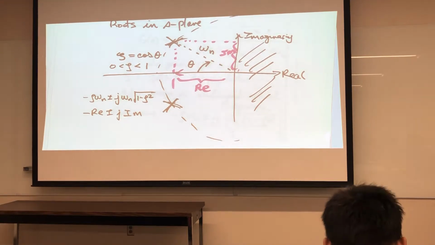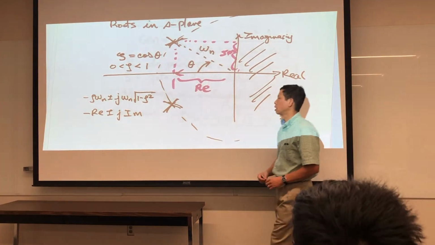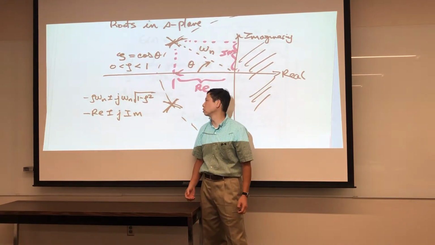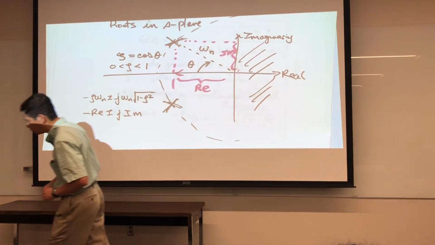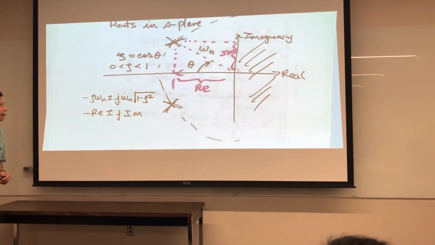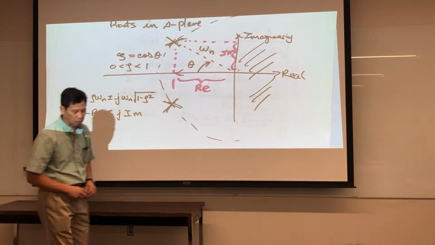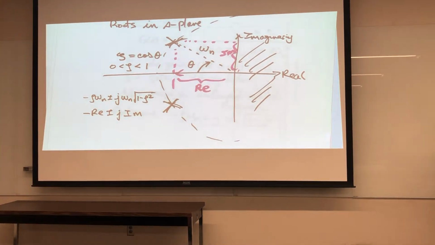The books will typically give the standard form using zeta and omega n, because engineers like to talk about damping ratios and undamped natural frequencies. But for doing quick work, I prefer to use the real and imaginary parts. It also saves me the headache of writing Greek letters.